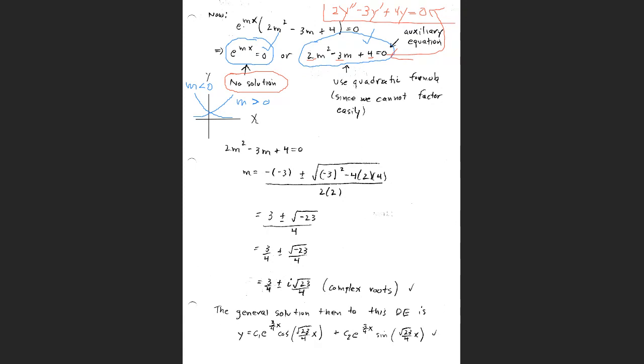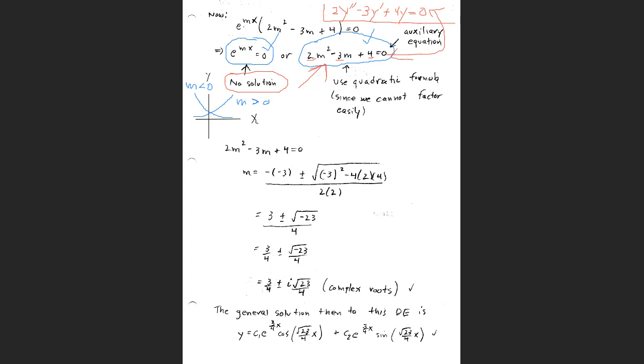So what this means is when we have a homogeneous linear equation with constant coefficients, we can just go right to the auxiliary equation. We can construct the auxiliary equation immediately and then solve for m.